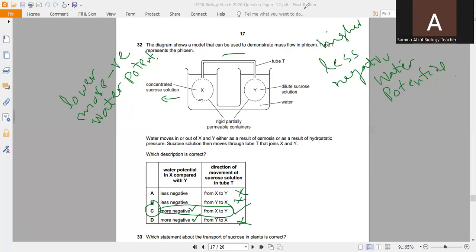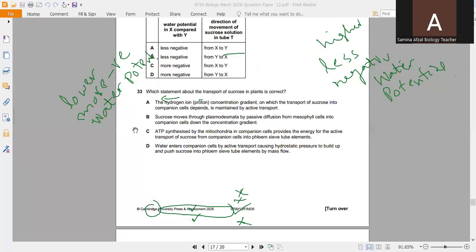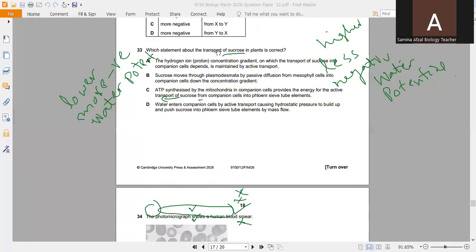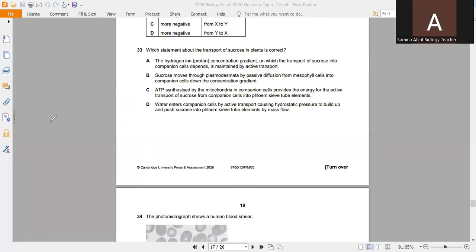Now, next, question number 33: which statement about the transport of sucrose in plants is correct? The first option: the hydrogen ion, proton concentration gradient on which the transport of sucrose into companion cells depends is maintained by active transport.